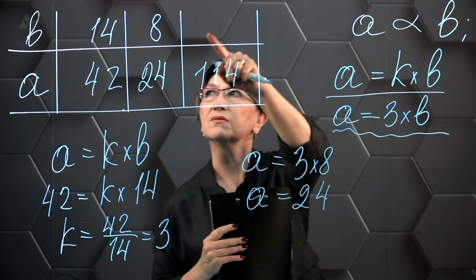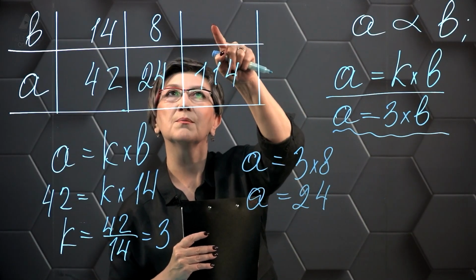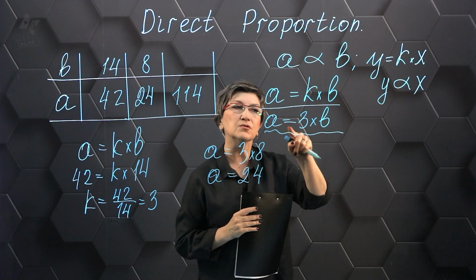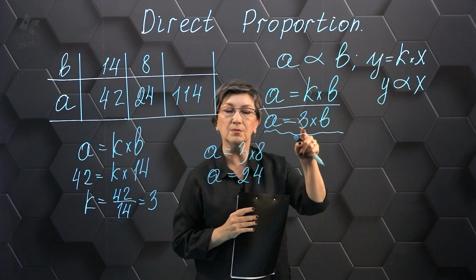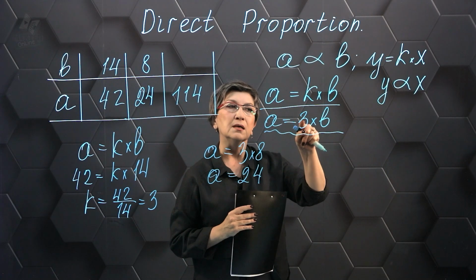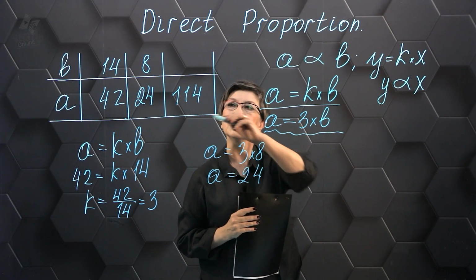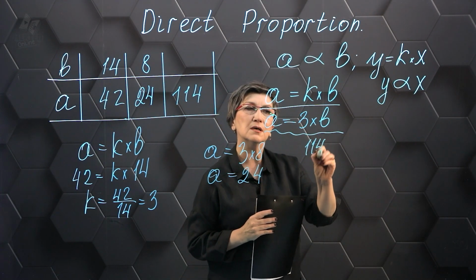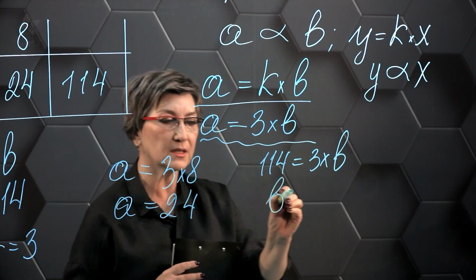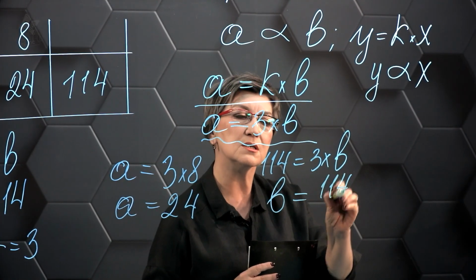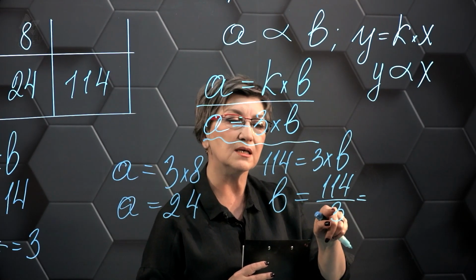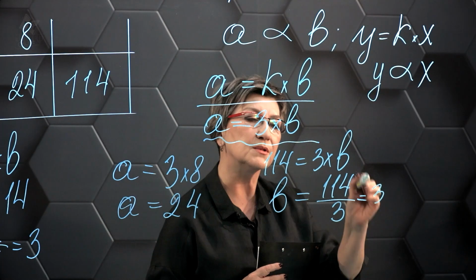And in the same way, you and I, to find the value of B. We'll use the same expression. A equals 3 times B. And the coefficient doesn't change. I'll write down, instead of A, 114 equals 3 times B. And then I can find B. B equals 114 divided by 3. 114 divided by 3 results in 38.